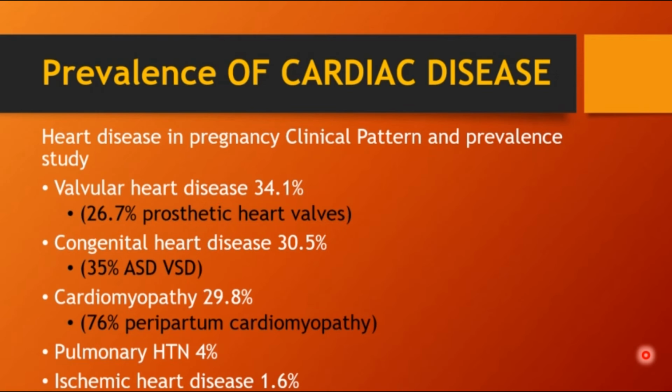There was a heart disease in pregnancy clinical pattern and prevalence study, which was done in Iraq in August 2019, and it showed that valvular heart diseases took up about 34.1% of the population of cardiac diseases in pregnancy, followed by congenital heart diseases, and this was followed by cardiomyopathy, which was 29.8%, followed by pulmonary hypertension and ischemic heart disease, which was 1.6%.